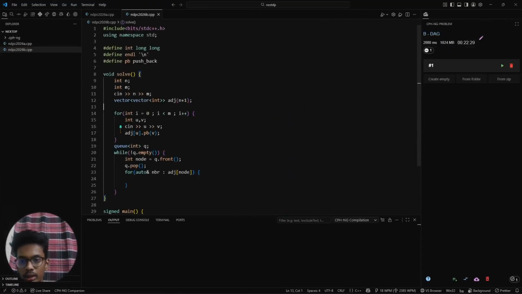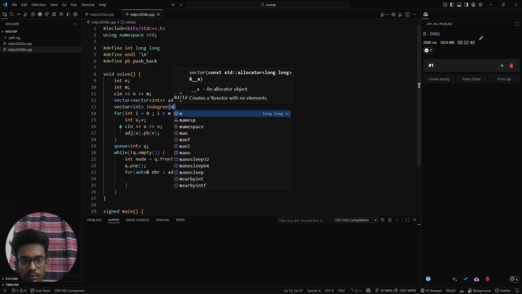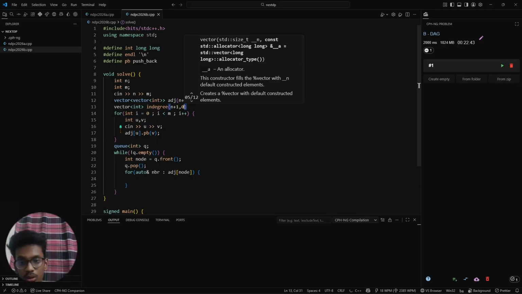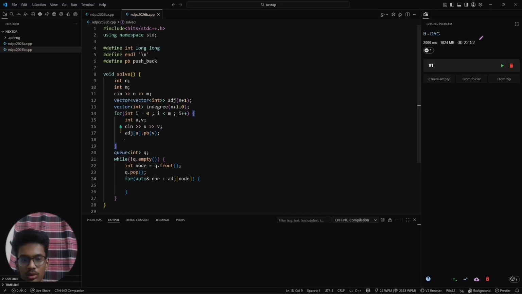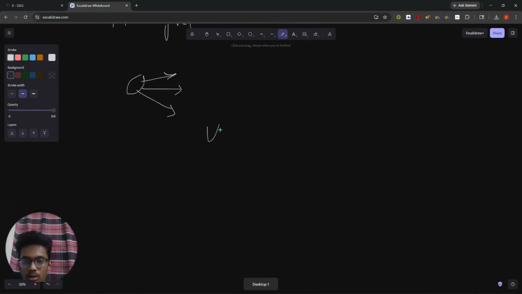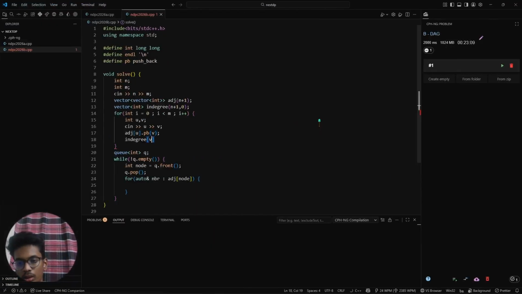So if I take a vector of int in degree of size n+1, initially in degree of every node is 0, and when I do this pushback, I'll do in degree, since u is pointing to v, in degree of v would be incremented.